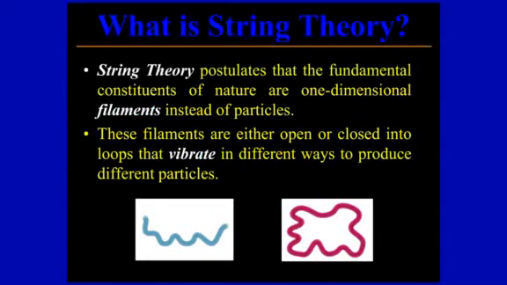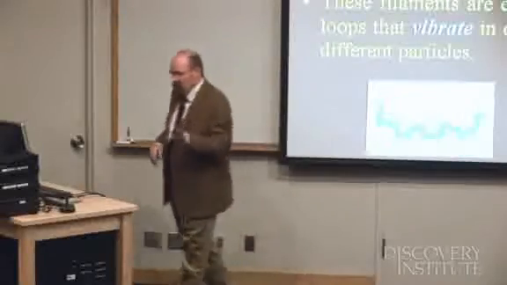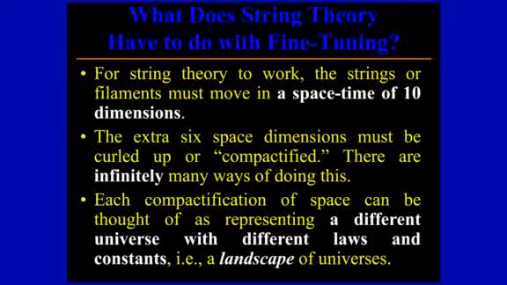Well, basically, string theory postulates that instead of particles, the fundamental constituents of nature are little filaments on the order of the Planck scale, which is about 10 to the minus 33rd centimeters in length, that can either be open or closed into loops, and they vibrate in different ways. And the way that they vibrate gives us the different particles that we observe. That's the basic picture of string theory.